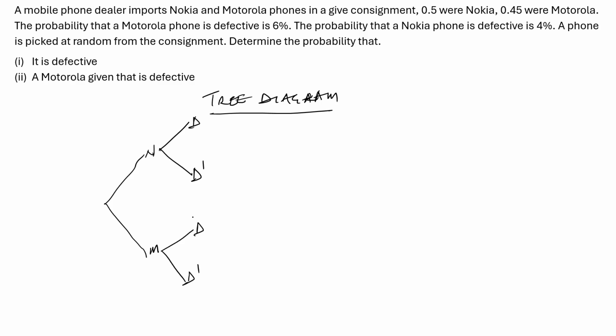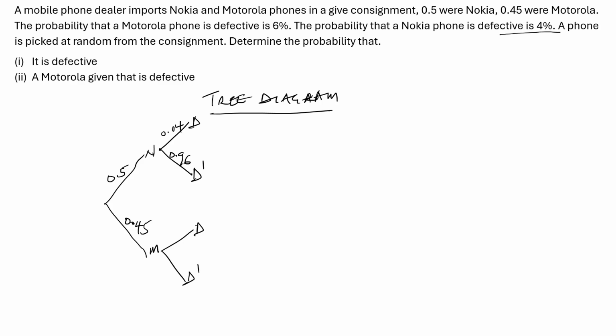So in the question, the probability of Nokia is 0.5. So this is 0.5. Then Motorola is 0.45. Then defective given Nokia is 4%, which is 0.04. So not defective given Nokia will be the balance, 1 minus 0.04. That will give us 0.96.